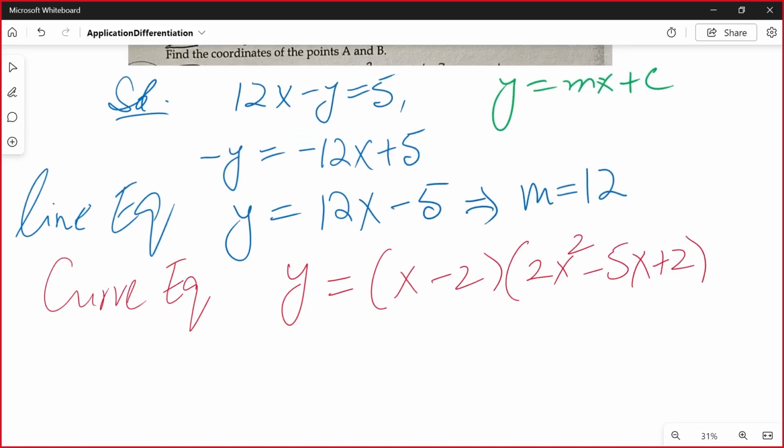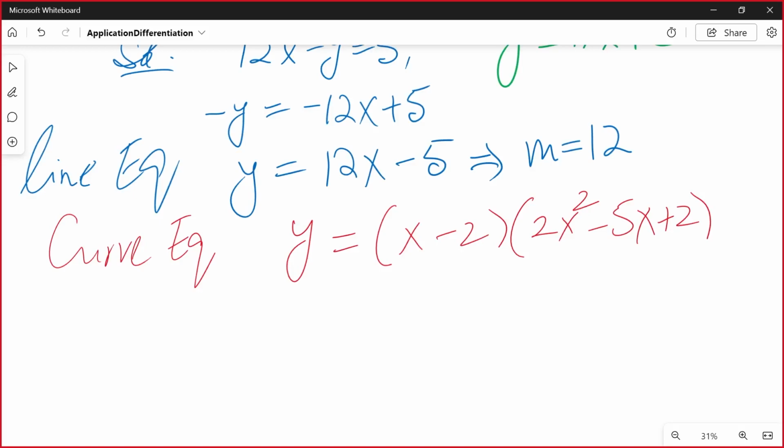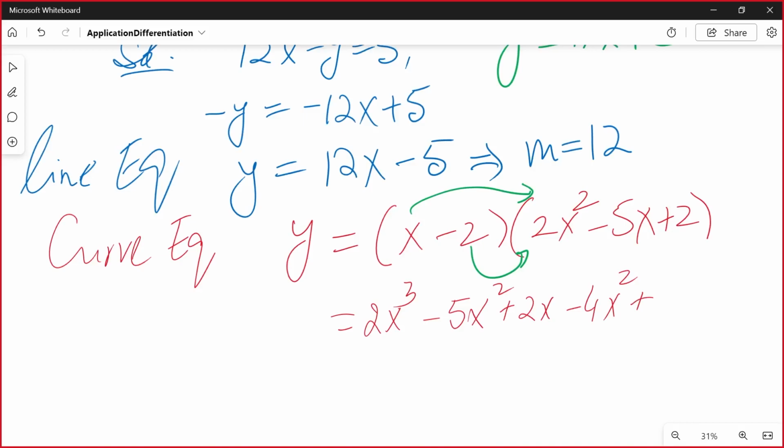Let me do that so we would do that. It means you will first multiply this thing with this and then all. So it will become, if we do 2x cubed, I am first multiplying only x: 2x cubed minus 5x squared plus 2x, then minus 4x squared plus 10x minus 4.